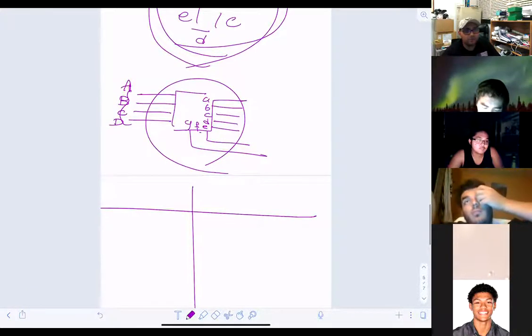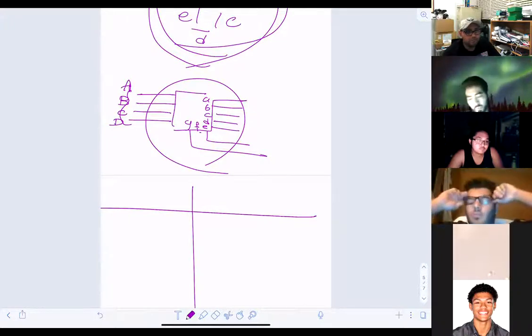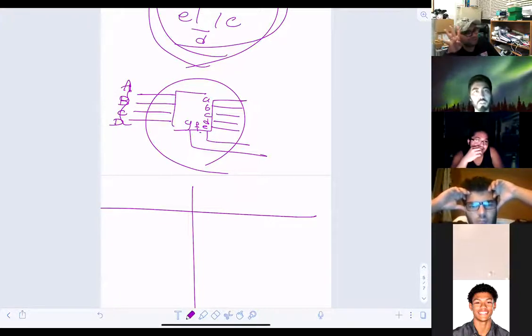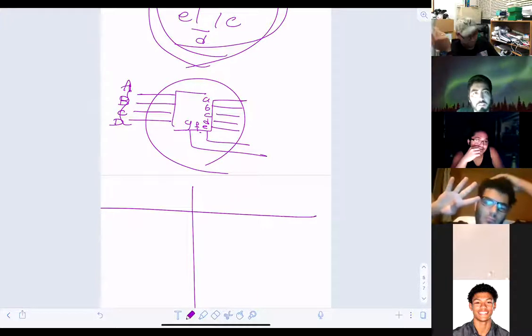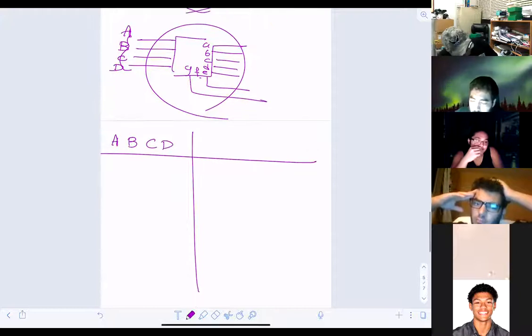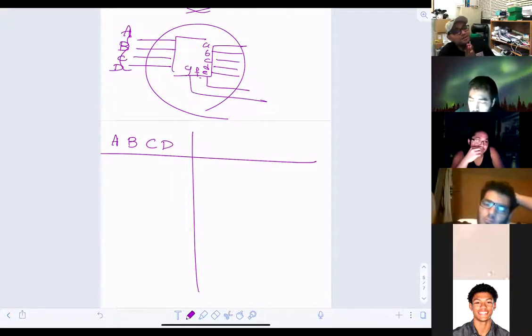How many input variables do we have? 4 bits. A, B, C, D. That means how many states do we have? 16. That's correct.